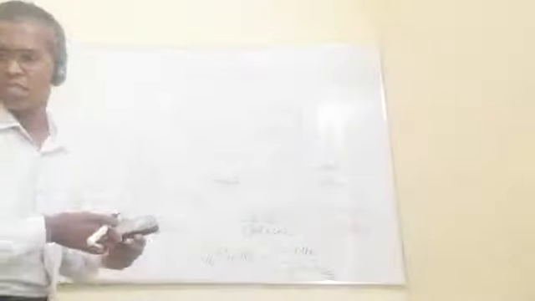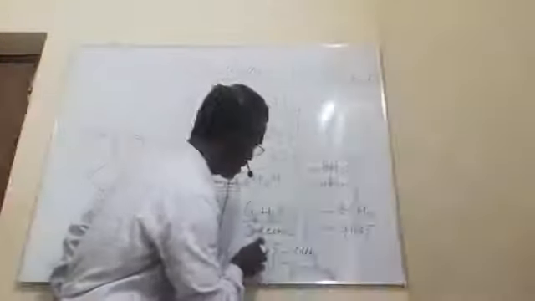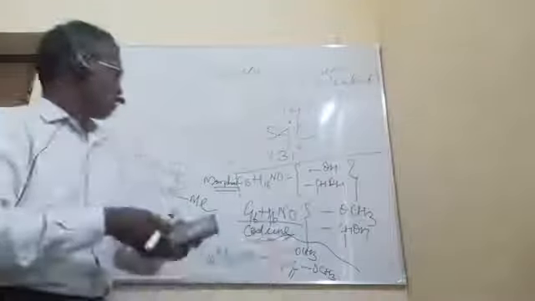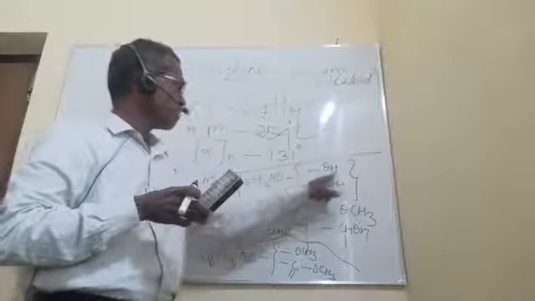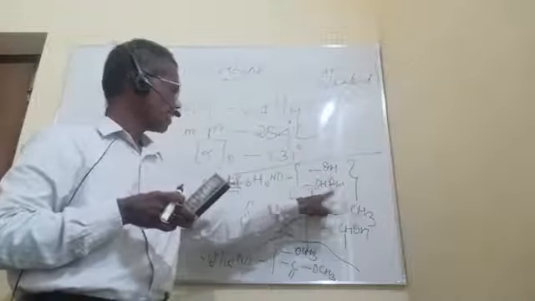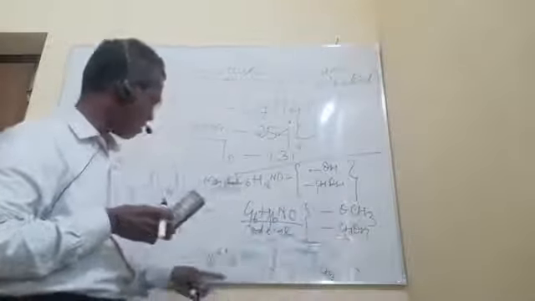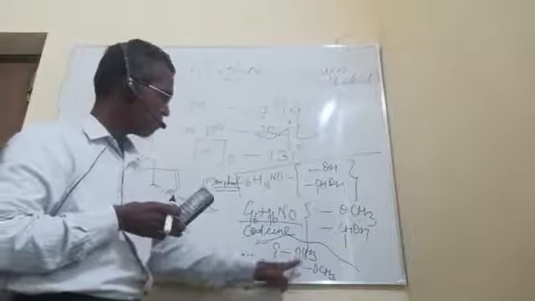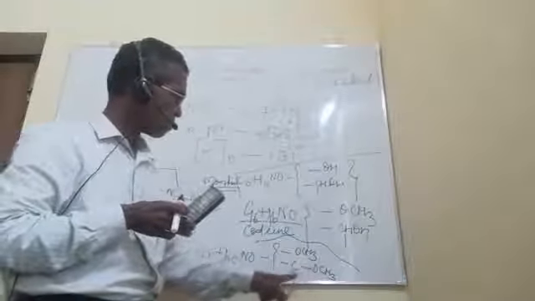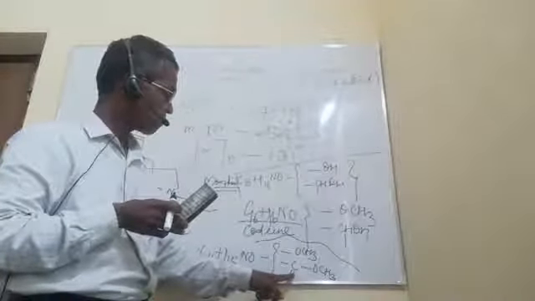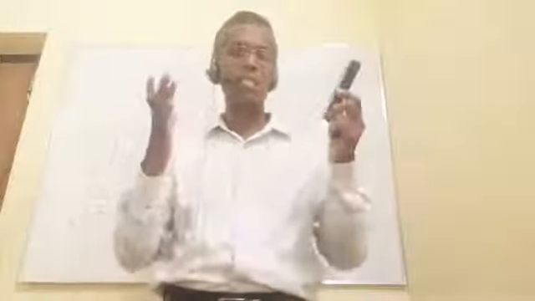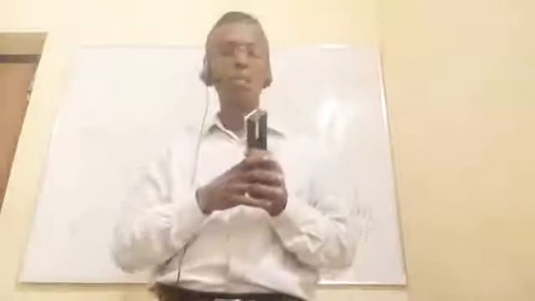This is your thebaine. So the hint says that in morphine there is one primary alcohol and one secondary alcohol. Codeine has one methoxy and one secondary alcohol. And thebaine has one methoxy, another methoxy connected with the ethylenic double bond. You will come to know these things while discussing the structural elucidation of morphine.